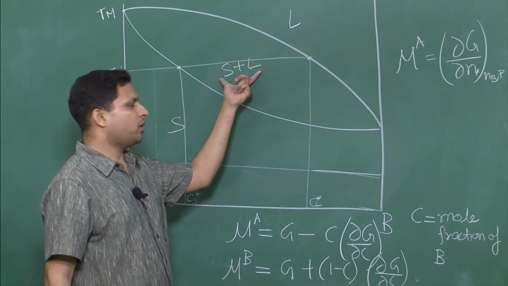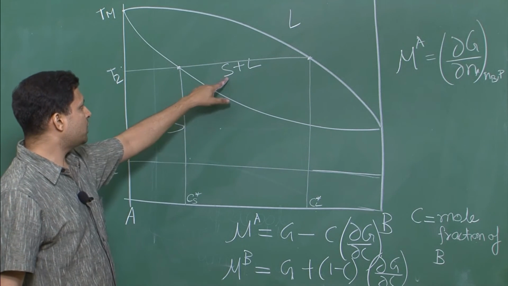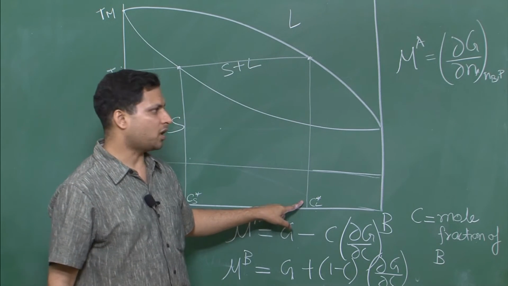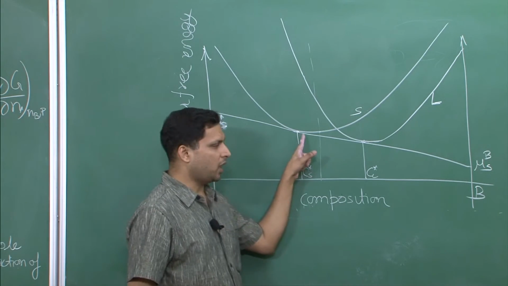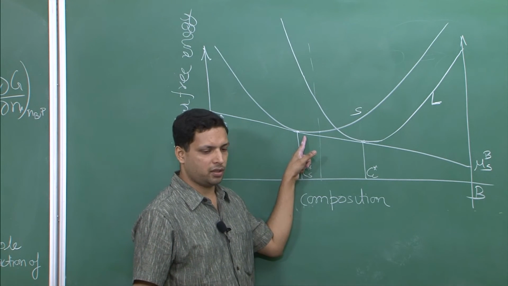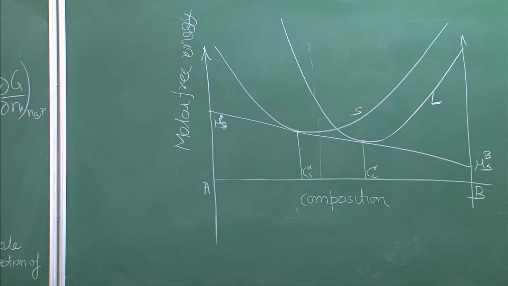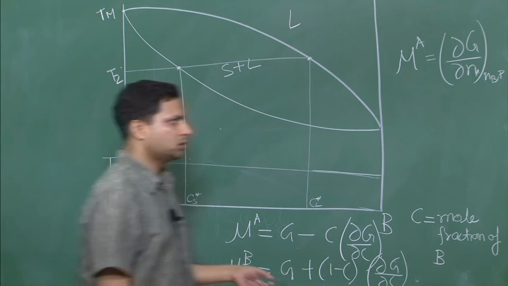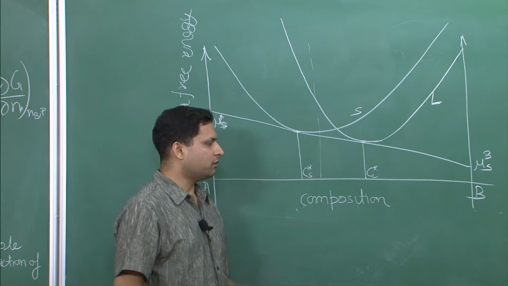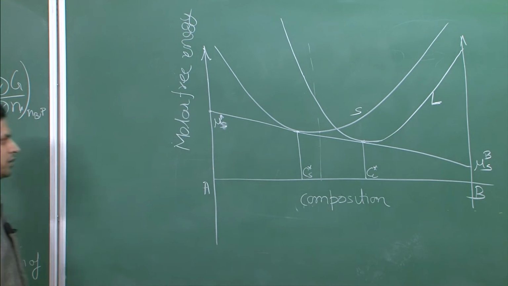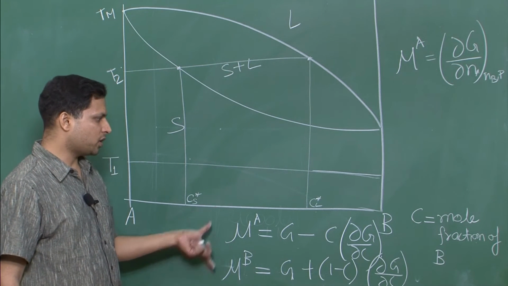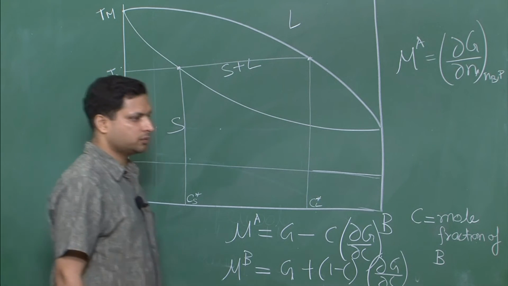So in this region where we have both solid and liquid, the concentration of solid will be Cs star, the concentration of liquid will be Cl star, and it is given by this common tangent. So this chemical potential allows us to get the Cs star and Cl star values in a very simplified manner, especially if you look at the equation which allows us to draw the common tangent.